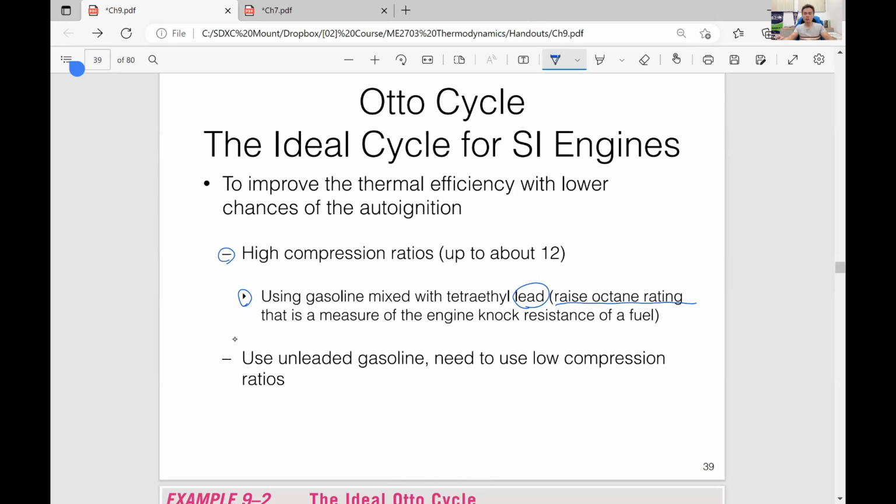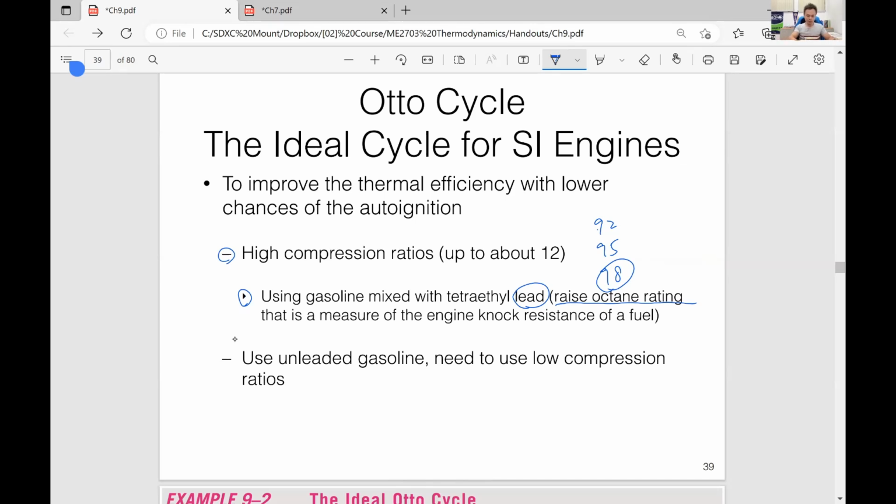In Taiwan, usually we have 3 octane ratings at a gas station: 92, 95, and I think 98. Of course, if you want a very high octane rating gas, you need to pay more.